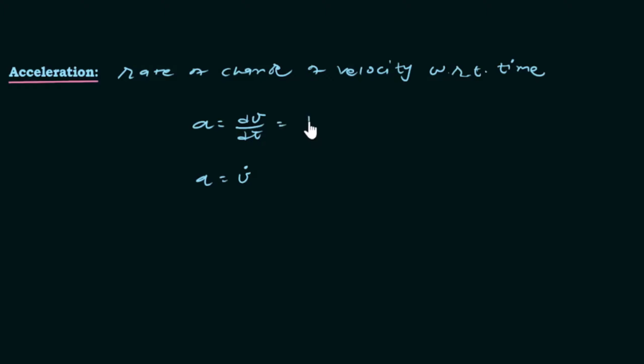Again I can put d by dt into dx by dt, so this will be d square x upon dt square. Here acceleration is two times differentiation of displacement with respect to time. So I can put a equals x double dot, and also I can put a equals v single dot. So this is all about how we can apply differentiation to physics problems.